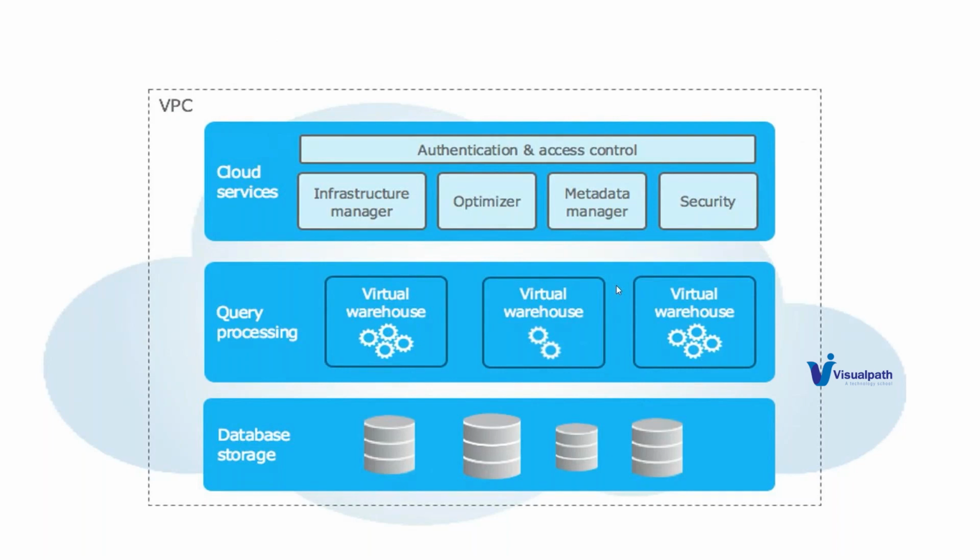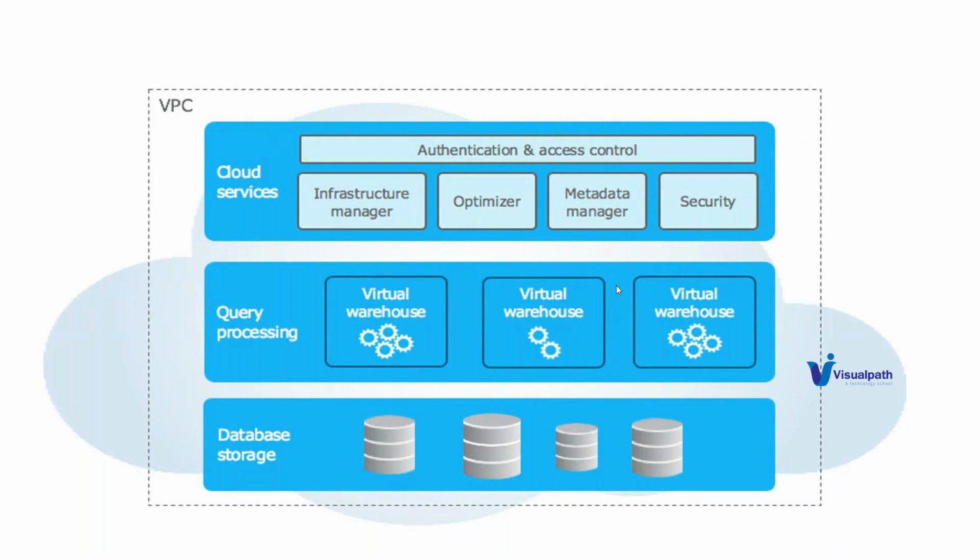Here, according to your requirement, your traffic, and your demand, you can set which type of virtual warehouse you require, single cluster warehouse or multi-cluster warehouse, or what the traffic condition is. Is there stable traffic? Then we need to use one type of policy. If there is fluctuating traffic, then we have to go for other policies.